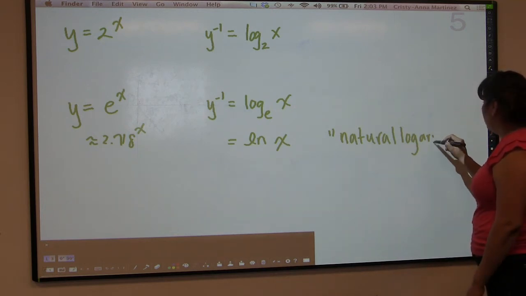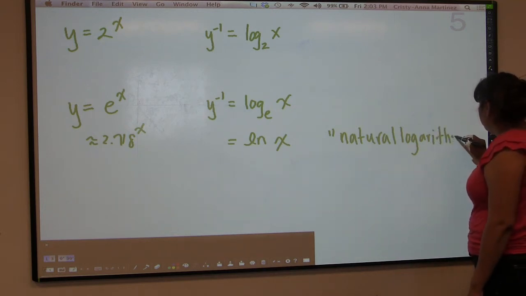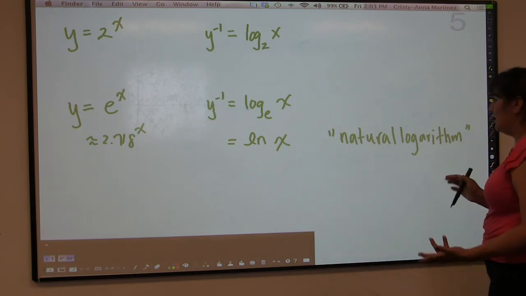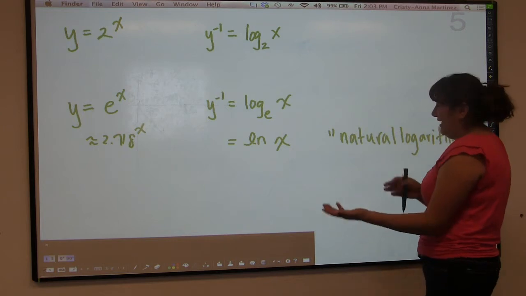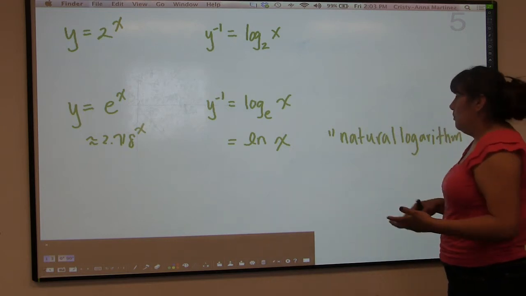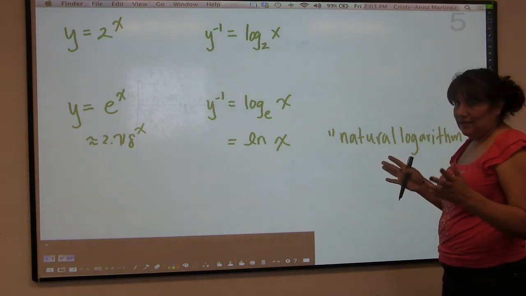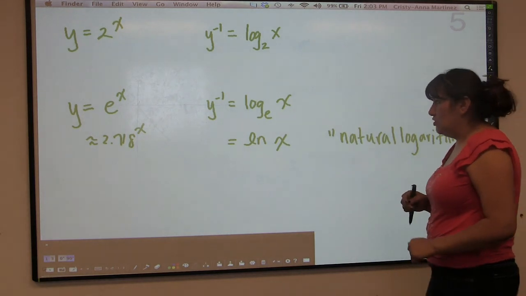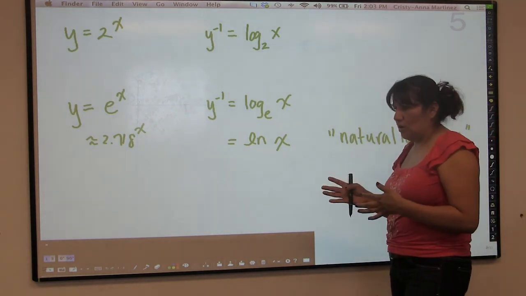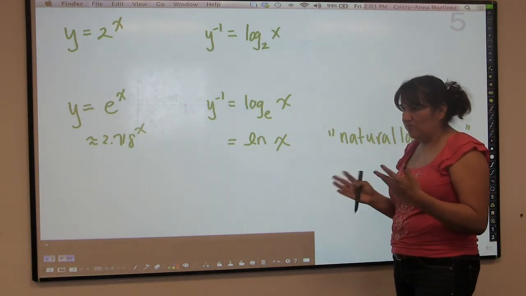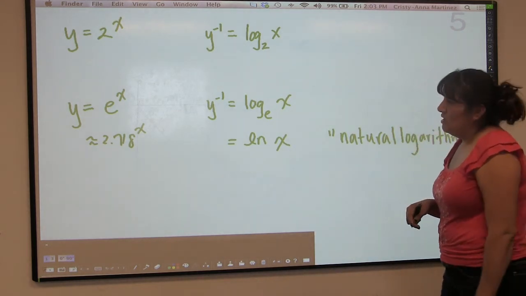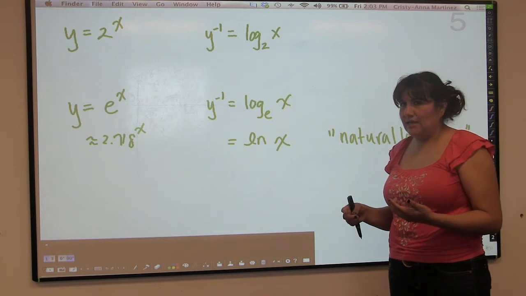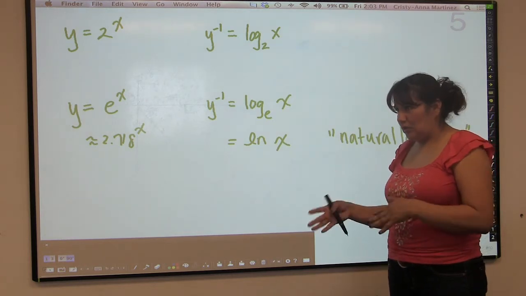So natural logarithm, as I was saying, talking about Spanish, because it might not make sense to you why it's natural logarithm. Why do they call it ln instead of nl? It's actually Latin, and Latin is kind of like the whole Spanish thing. When you describe things in English, like a red car, you would describe the car before you say the noun, so the adjective goes before the noun. But in Spanish, it goes backwards. We don't say rojo carro, we say carro rojo.